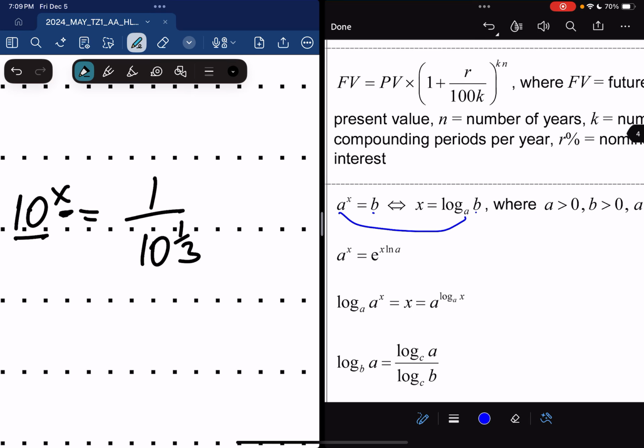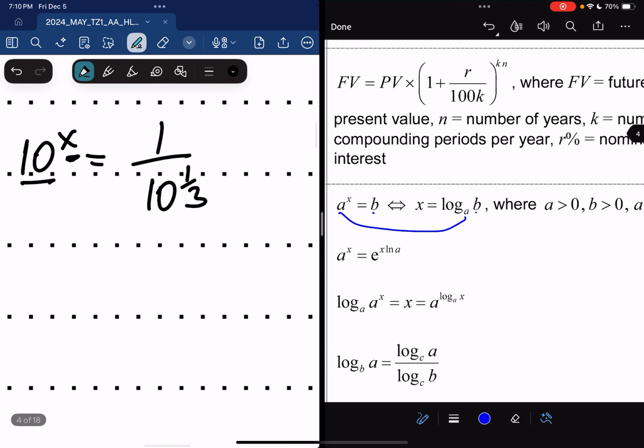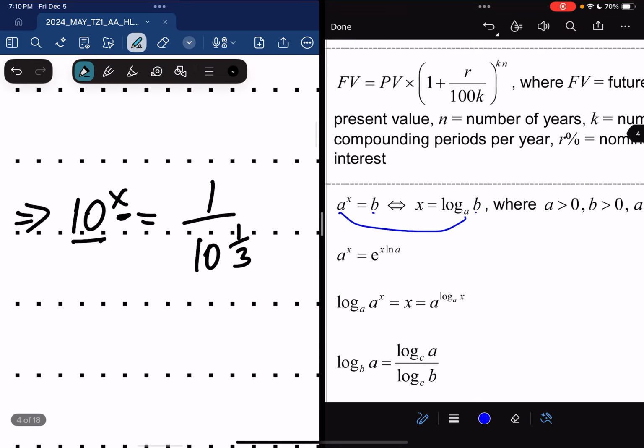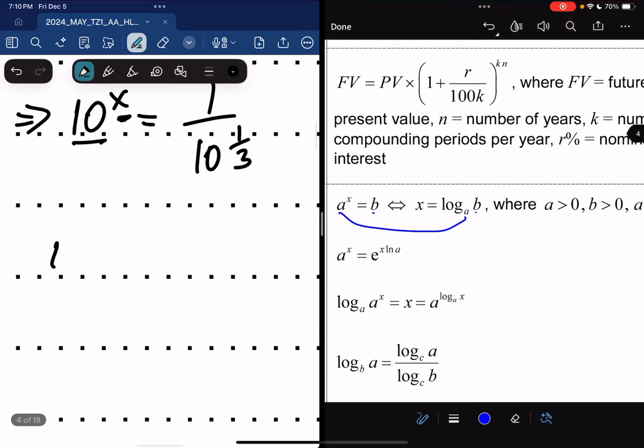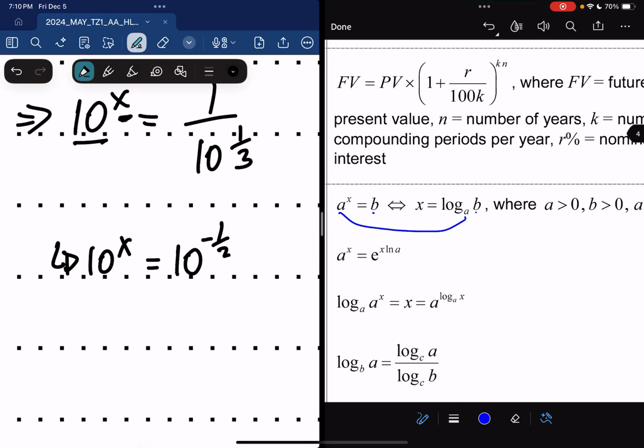That means I can add a negative sign to that power to make it look like the reciprocal, and I get rid of the 1 on top. So this becomes 10 to the power of x is equal to 10, my base, to the power of negative 1/3. For those of you who have forgotten your rules of reciprocal or multiplicative inverse, this is how it works.